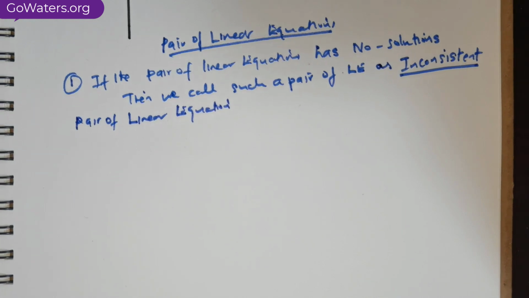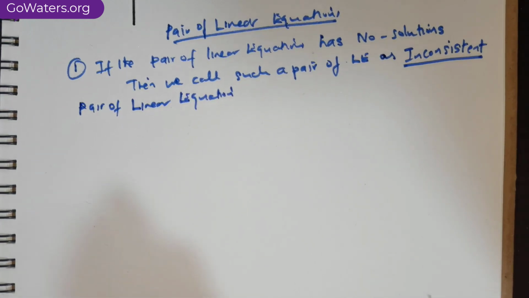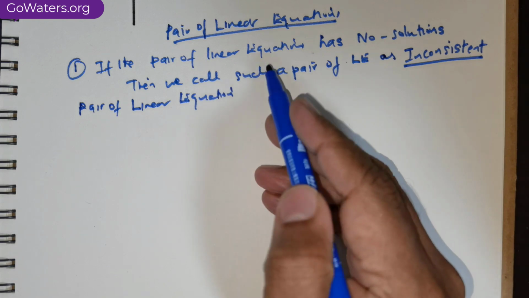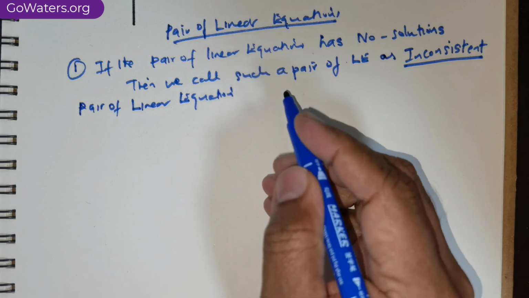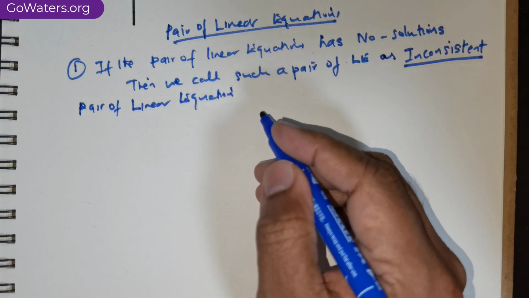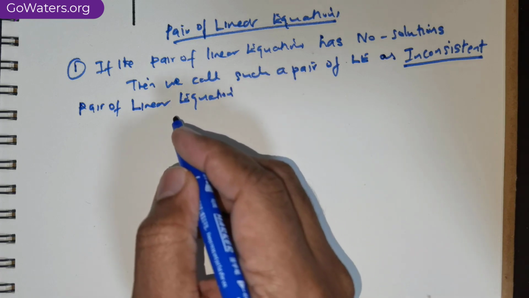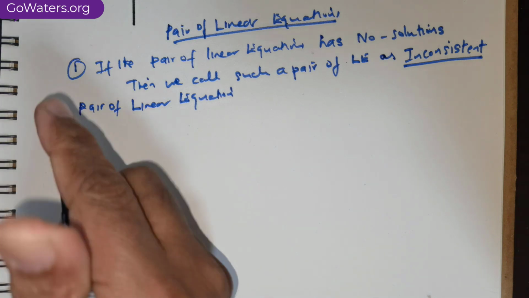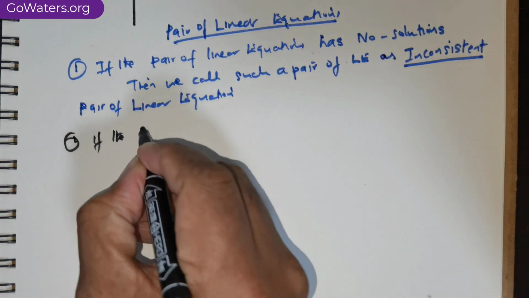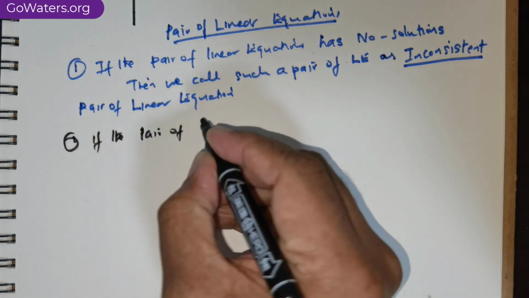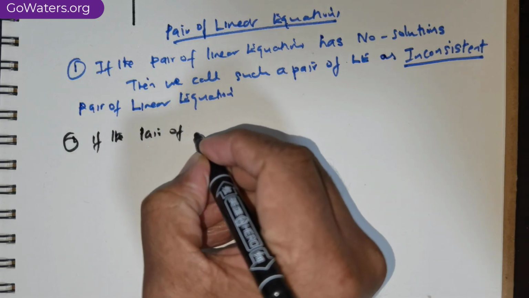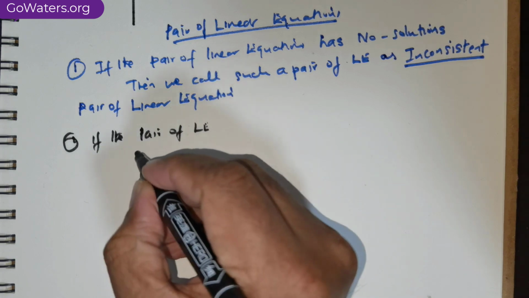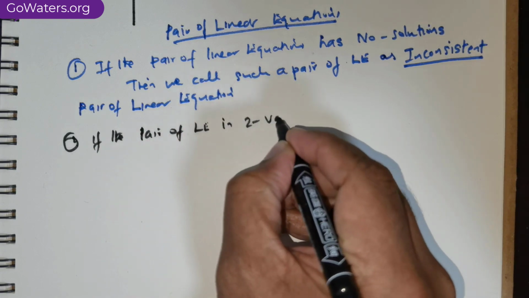Now I will give you a technique how exactly we can decide outrightly whether a given linear system is consistent or inconsistent, or the third option, dependent. So this is the first point. The second point is, if the pair of linear equations, so when we talk about linear equations, we are talking about linear equations in two variables.